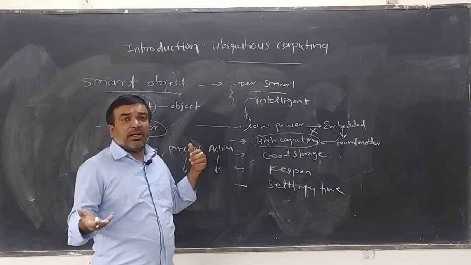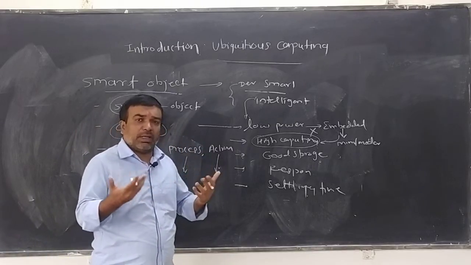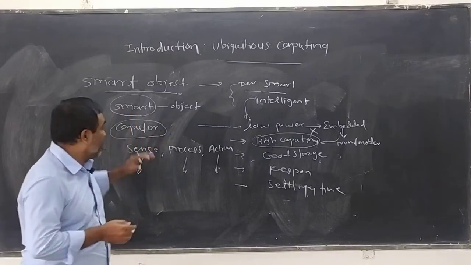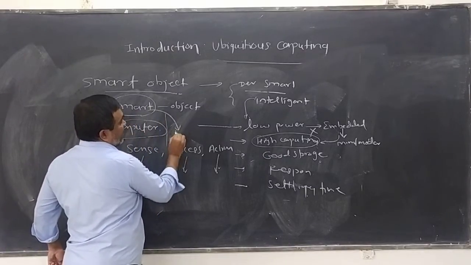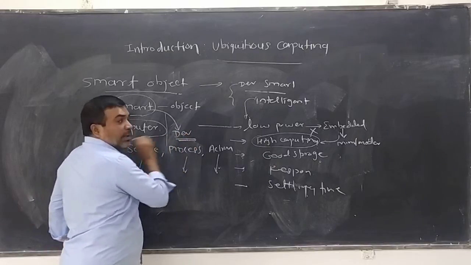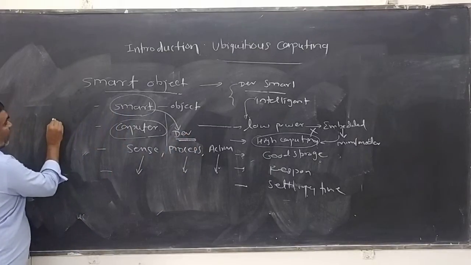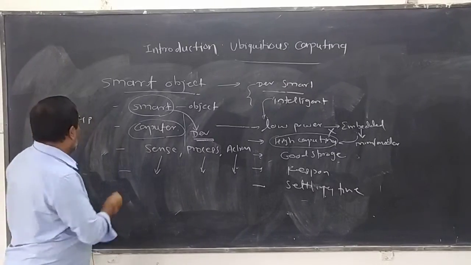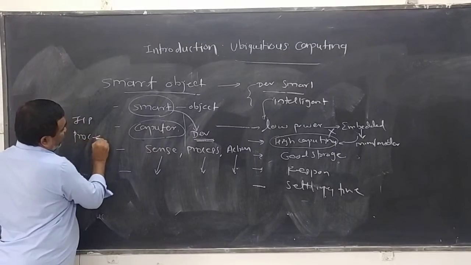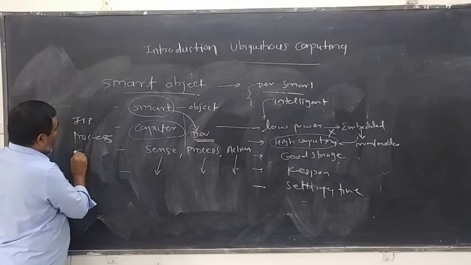Based on ADC and DAC, you can convert that output as per your need. Same way, a smart device must be able to get input, process the input, and give you output.